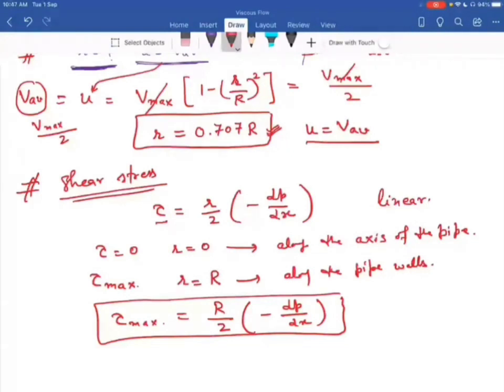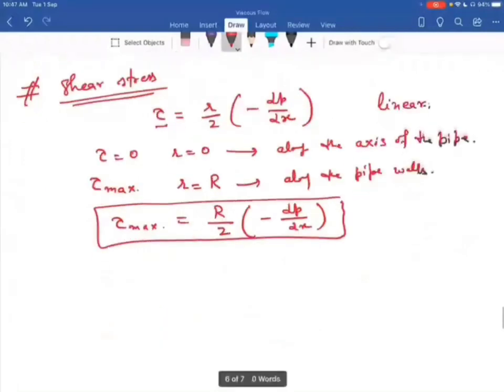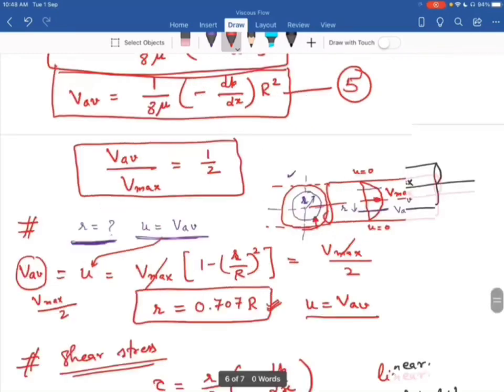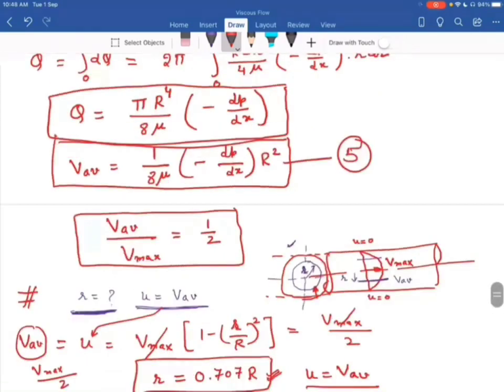Then lastly, we have to find out the pressure drop, again in terms of V average velocity. For that you use the relation for average velocity, that is your equation number 5.